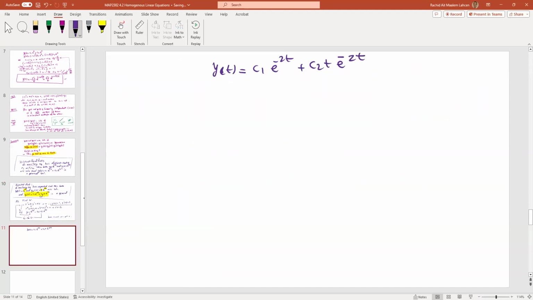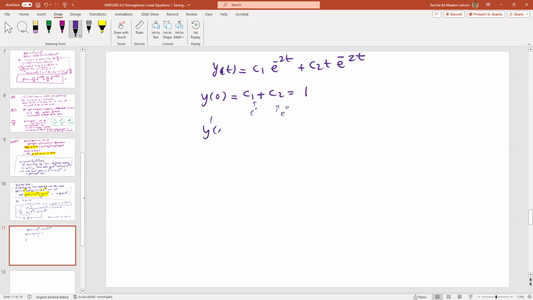And when you use the first one here, you will get, just like the other example, C1 plus C2 equals 1, because e power 0 here and e power 0 there.